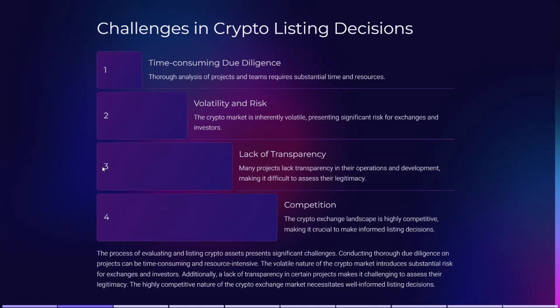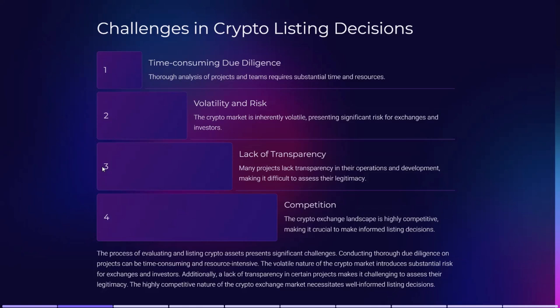Previously, a lot of these projects lacked transparency in their operations and development, so it is very hard to assess their legitimacy. Which is why we do need these white papers in place, for us to better understand what the project is about.